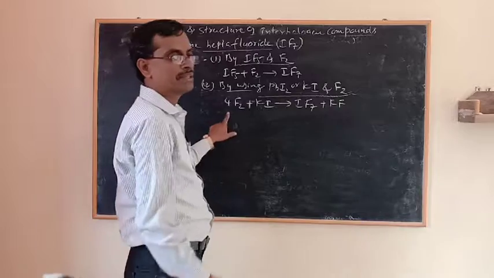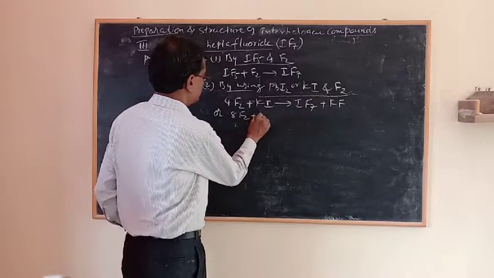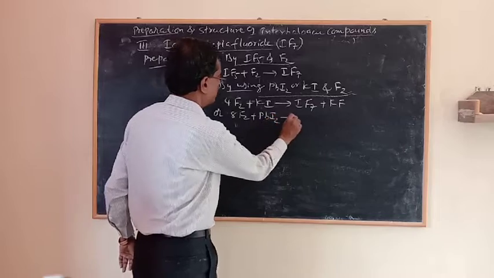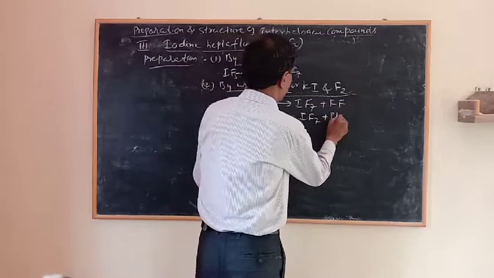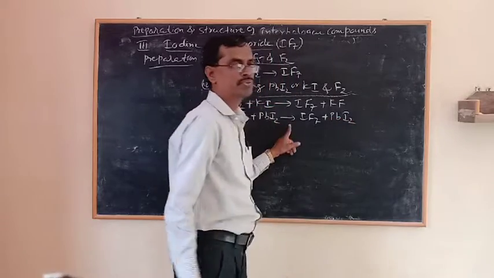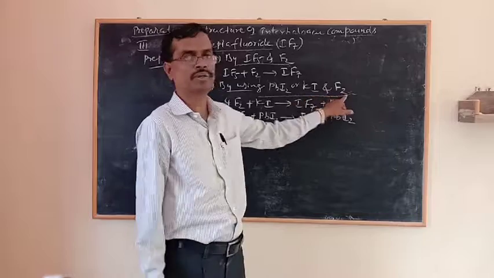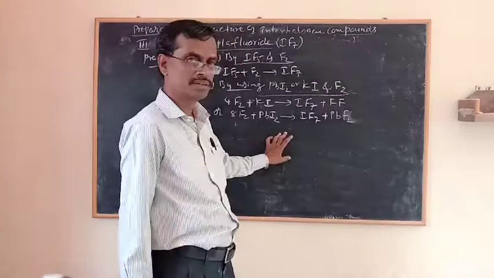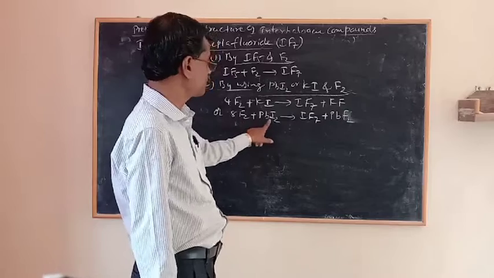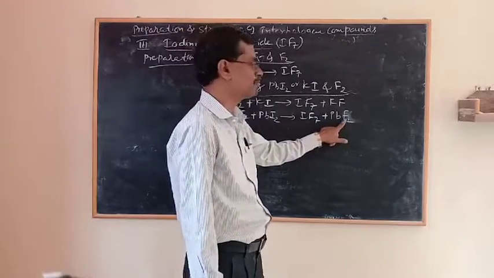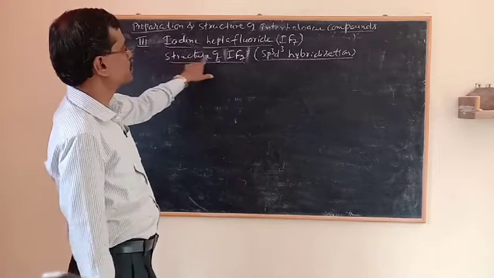In the second method, we are taking 8F2 plus lead iodide PbI2 to form this IF7 plus PbF2. So in this way, you have to prepare this IF7 by using this PbI2 or KI with F2. So in this case, last preparation, 8F2 plus PbI2 gives rise to IF7 plus PbF2. Lastly, we have to study the structure of this IF7.